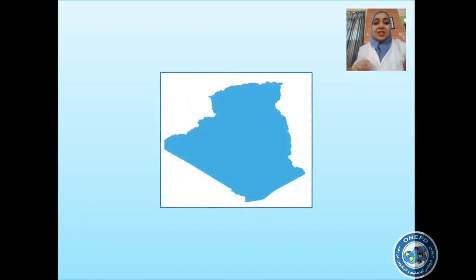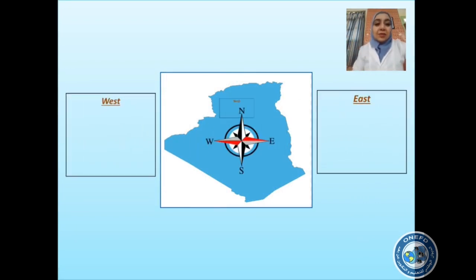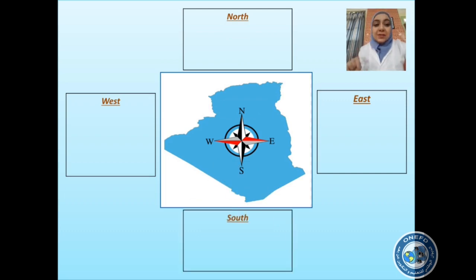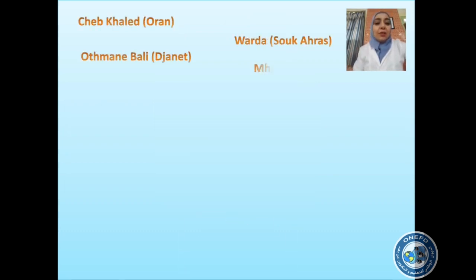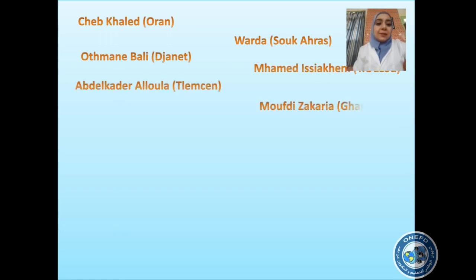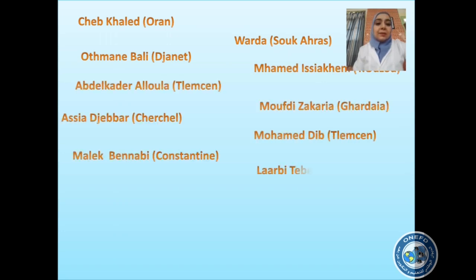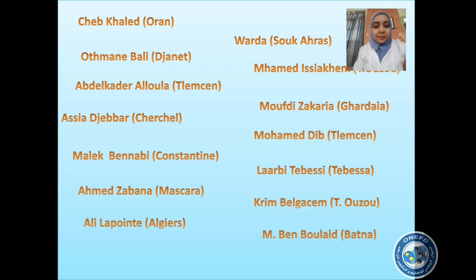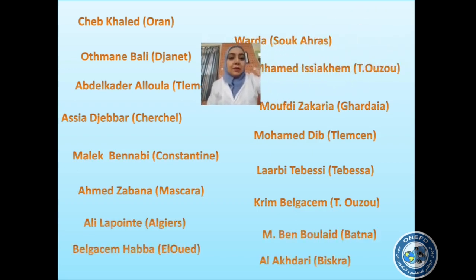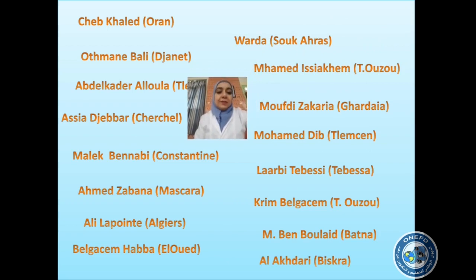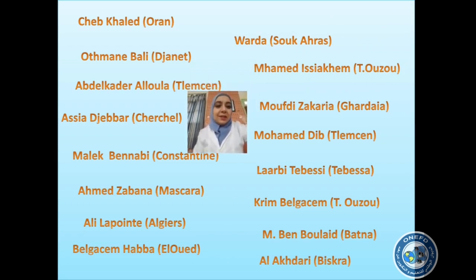Now you put the previous outstanding figures in the right boxes again, each person in the correct region. The map of Algeria, the regions here: east, west, north and south. You put the persons in the boxes. Here we have all the persons. Okay, all of them, and Al-Imam Al-Akhdari. Okay, where can I go? Here. A bit here. Okay, good.